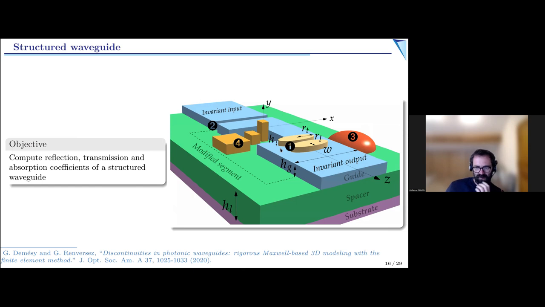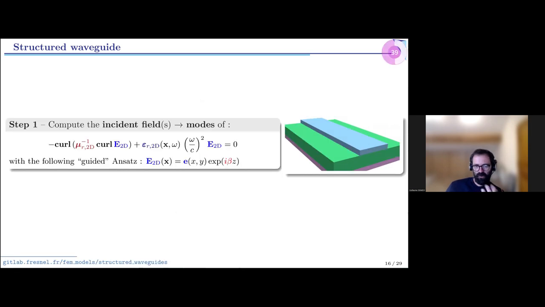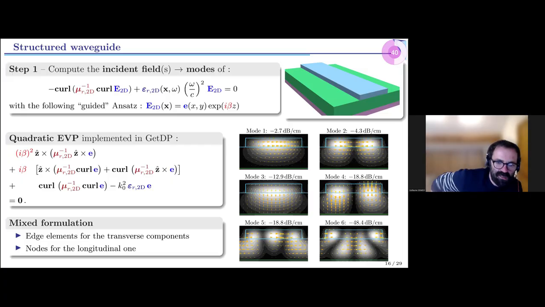We can apply the same scattered field formulation in this case. First we compute the modes of the invariant structure. It's another finite element model because we don't have an analytical formulation for this one. So we do this in getDP, obviously. We solve a 2D eigenvalue problem of the invariant waveguide. I'm going to talk about these problems after.